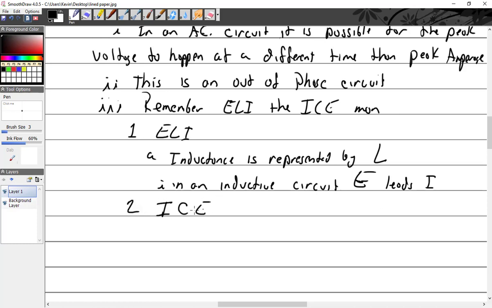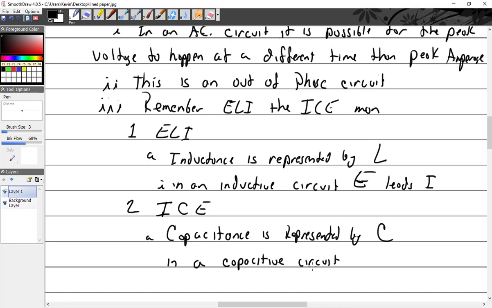Ice. That's capacitance, represented by C. So in a capacitive circuit, and a capacitive circuit is a circuit that has more capacitive reactance than the inductors.